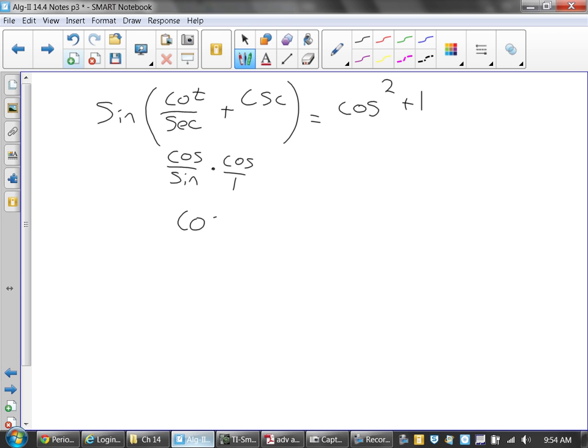You get cosine squared over sine plus 1 over sine. And it's all being times sine. So when you distribute the sine, what happens to the sines in the denominator? They go away. Cosine squared plus 1, excuse me. And you're done.